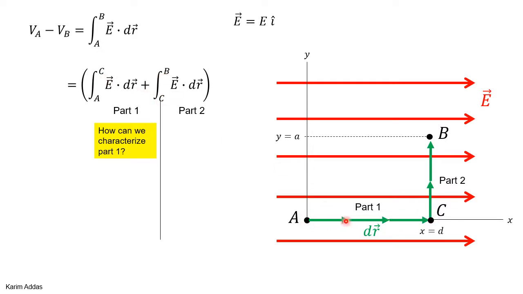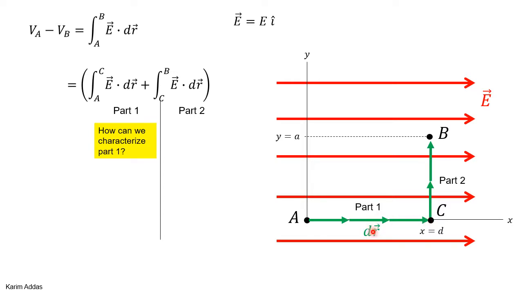From A to C, it's all motion in the x direction, so we can call that part number 1 of the path. And part number 2 of the path is when you go vertically upwards. So for part number 1, how can we characterize what's going on? If you go from this point to this point along all these points, the value of x changes, but the value of y stays the same.